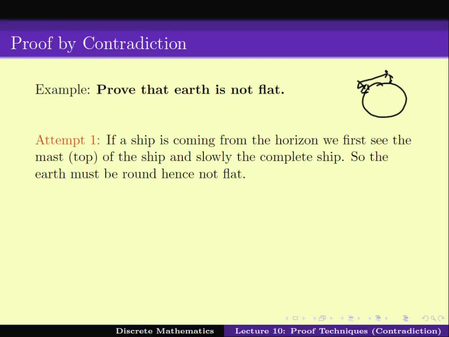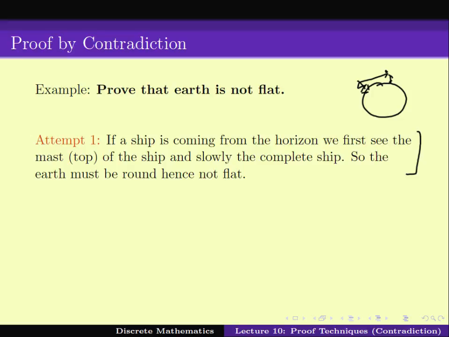The bottom of the ship appears slowly. And the only way this can happen is if the earth is not flat. This is the first technique that one can apply. This is what we call the direct proof or the constructive proof.